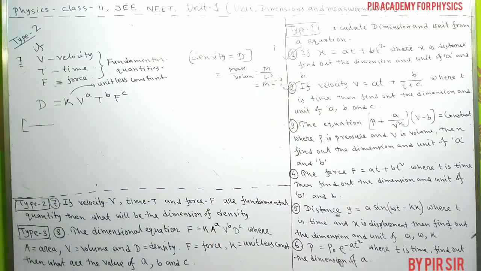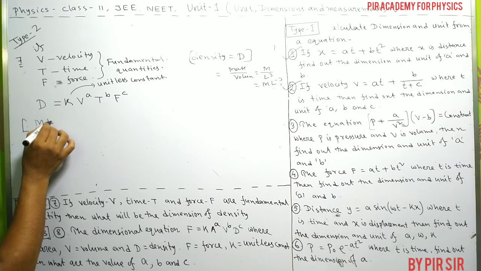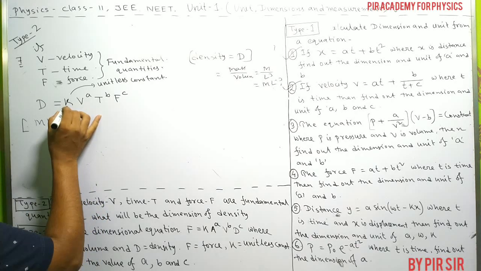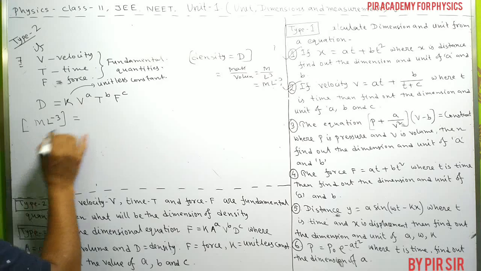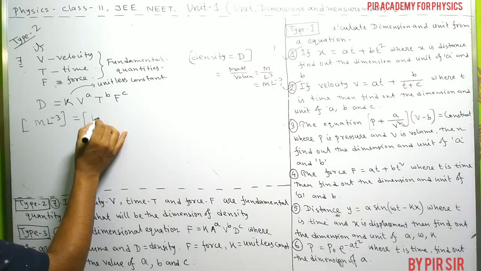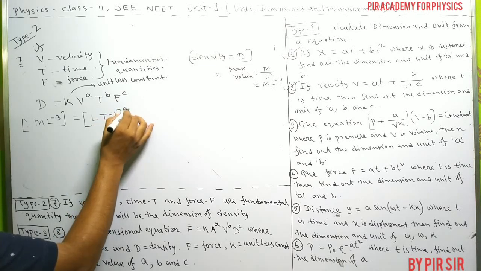This is the dimension of density. So here M L to the power minus 3 equals, this K is unitless, that means dimensionless. And what is the dimension of velocity? Velocity dimension is L T to the power minus 1, whole to the power A.